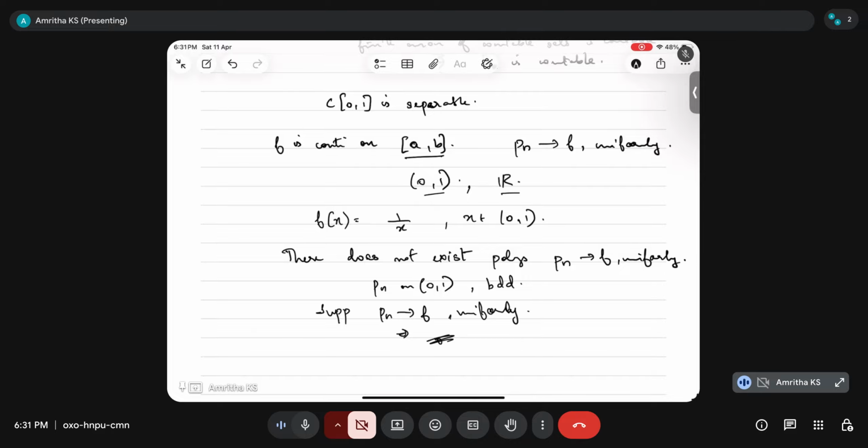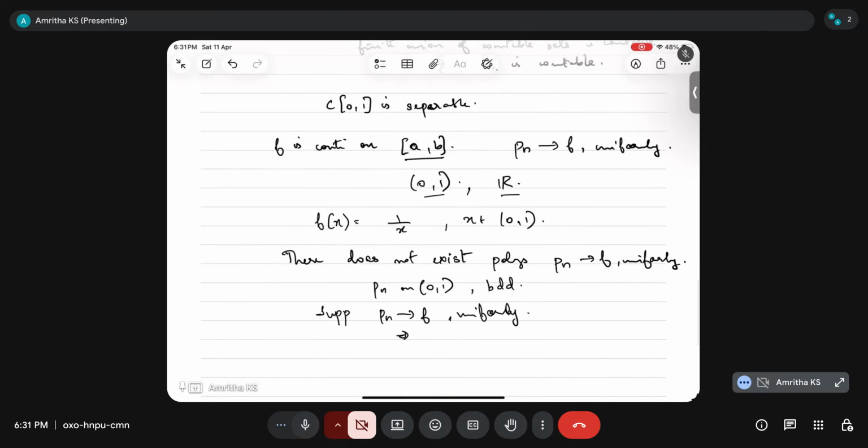Oh, sorry, there is something wrong. It should imply that f is bounded on (0,1), but this is not possible, a contradiction.